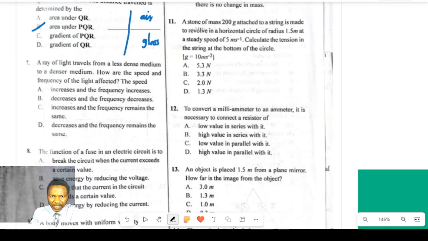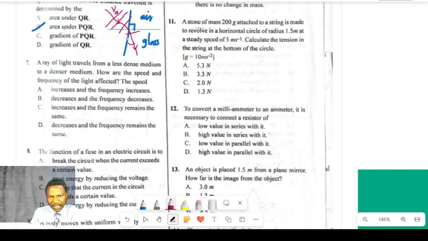In this case, this is the normal. A ray of light coming from this point, on entering the glass, is deviated towards the normal. What happened? The velocity in air is higher than the velocity in glass.